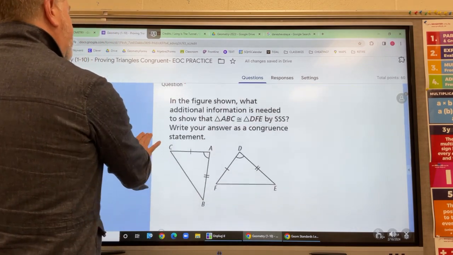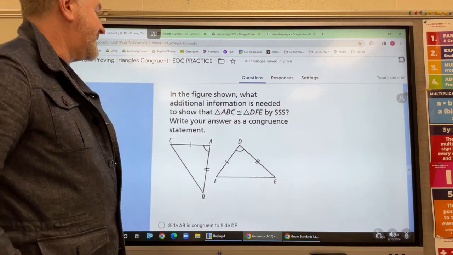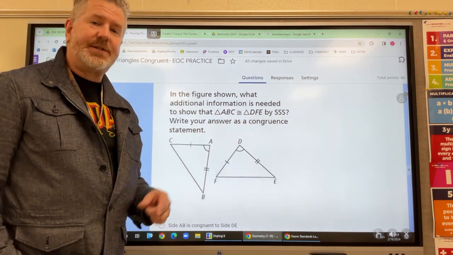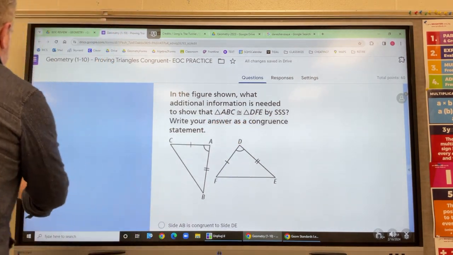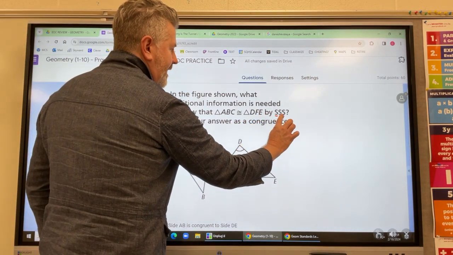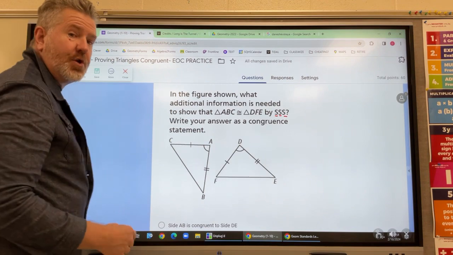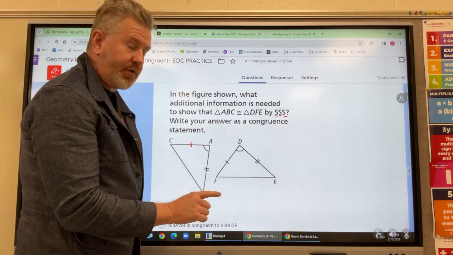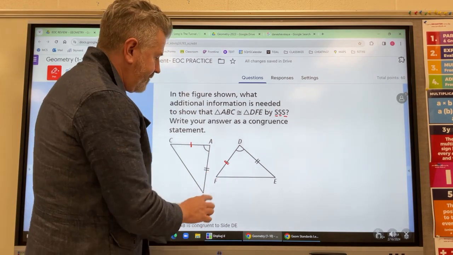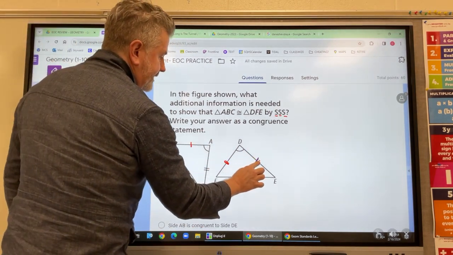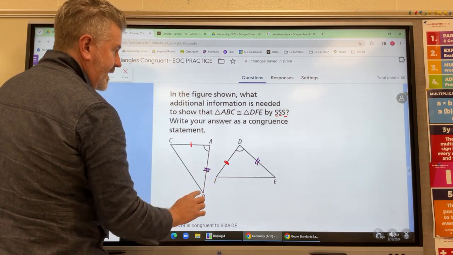All right. In the figure shown, what additional information is needed to show that the triangles are congruent by side? So you have to pay attention to which theorem we're using. This time it's side, and pay attention to what's given. We know that AC is congruent to DF, and we know that DE is congruent to AB.